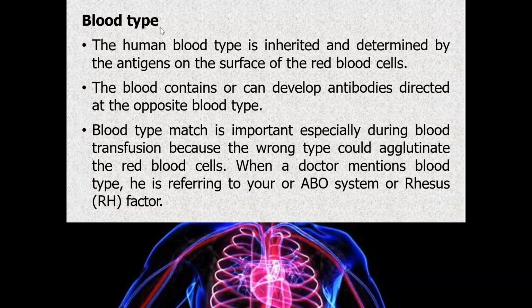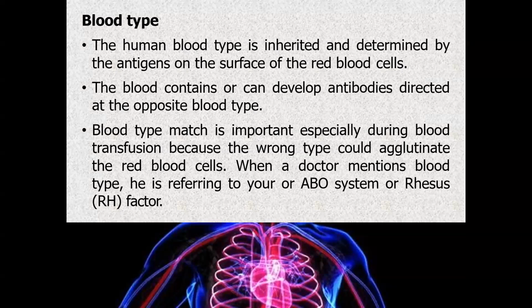Okay? So blood type, the human blood type is inherited and determined by the antigens on the surface of our red blood cell. So as I said on our last discussion, the antigens that you possess, okay, signifies your blood type. If the patient possesses A antigen, ibig sabihin, blood type A siya.